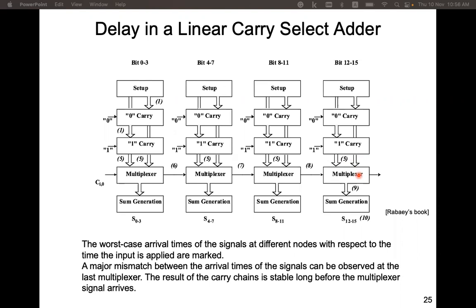So some people think of improving this. Before I move on, can you think of some solution to make the multiplexer's upper side and left side inputs arrive at the same time?